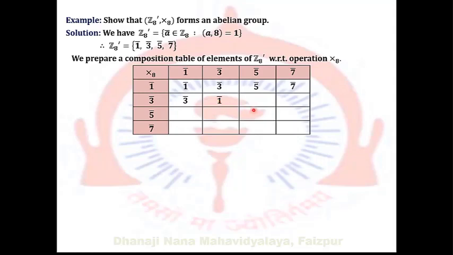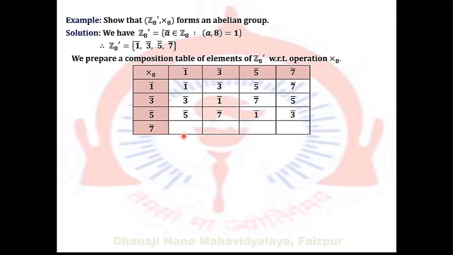Also 3 bar into 5 bar is 15 bar, but if we divide 15 by 8, the remainder is 7. So 3 bar into 5 bar is 7 bar. Similarly, 3 bar into 7 bar is 5 bar, 5 bar into 1 bar is 5 bar, 5 bar into 3 bar is 7 bar, 5 bar into 5 bar is 1 bar, and 5 bar into 7 bar is 3 bar.